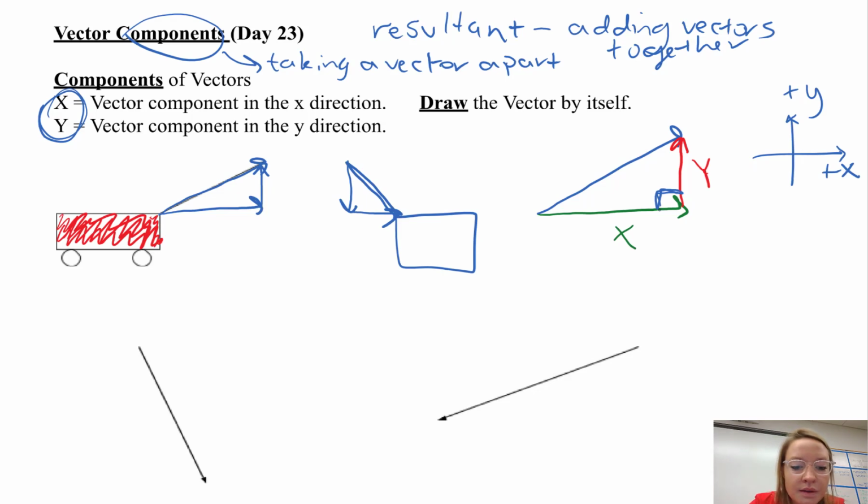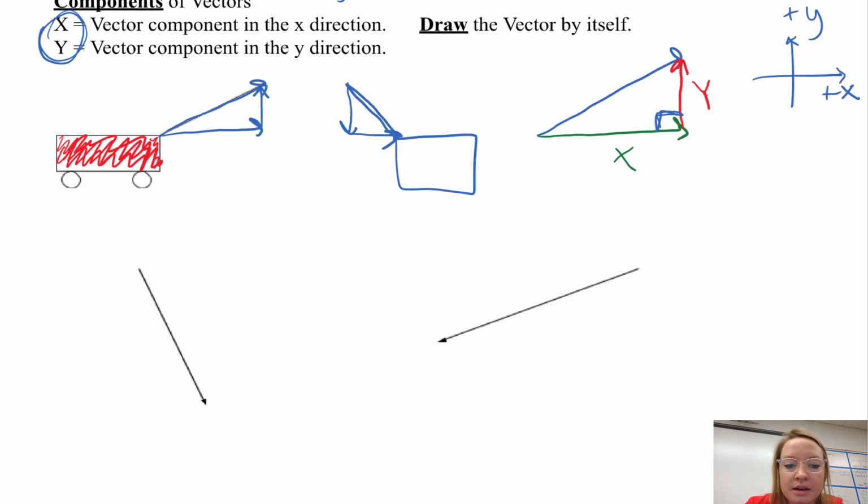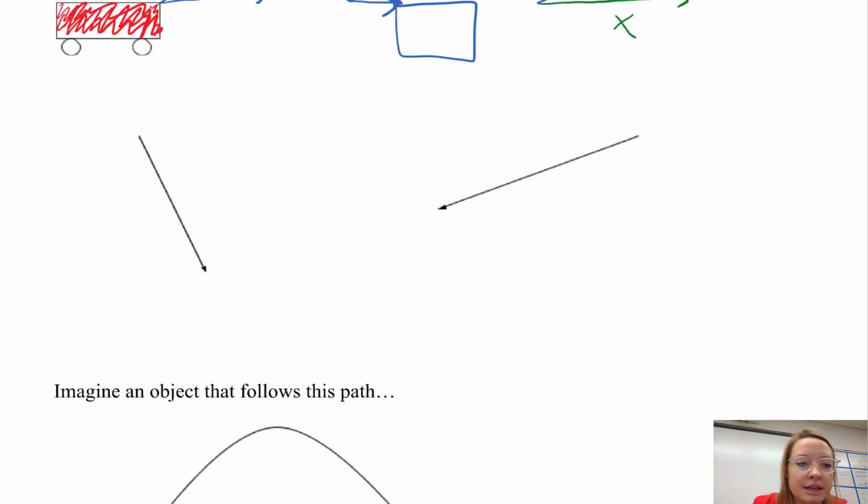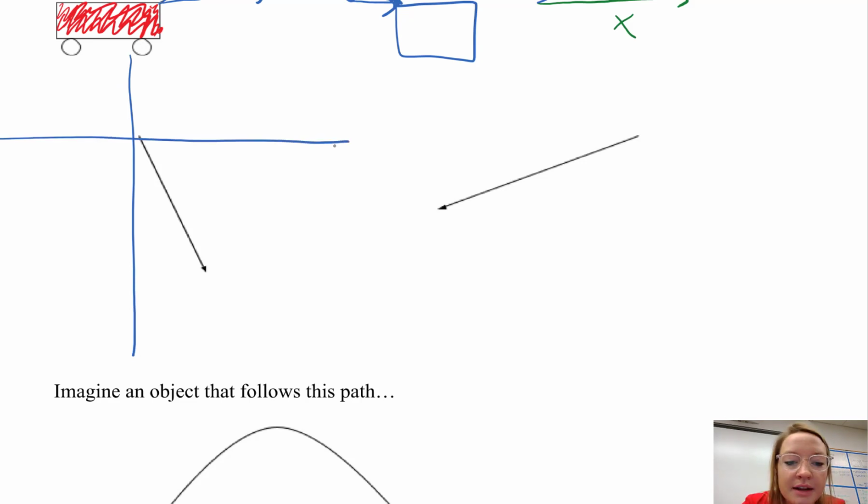One thing that's helpful, let's look at this next one. If you want to draw your axes really big, here's my graph. Here are my axes. This is my positive x direction. This is my positive y direction.